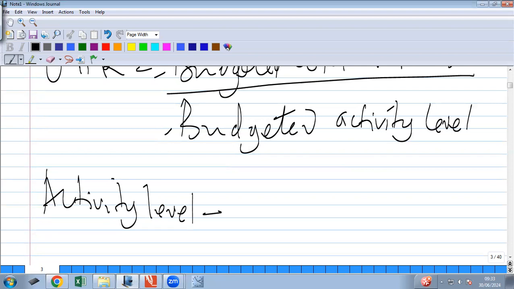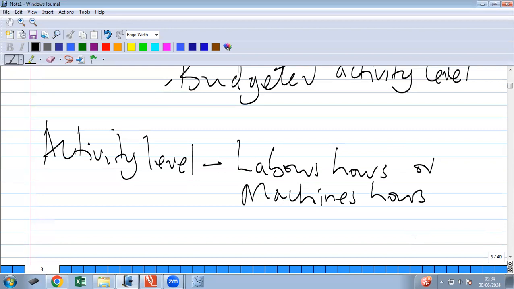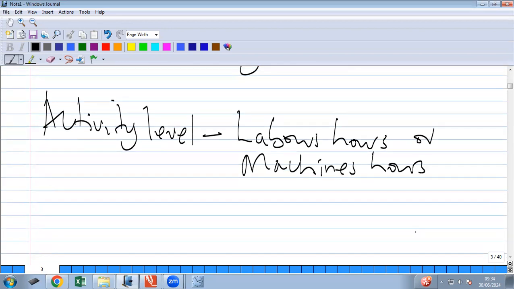This can be either the labor hours or machine hours. Like I said before, in a traditional setting, companies usually produced a few range of products.